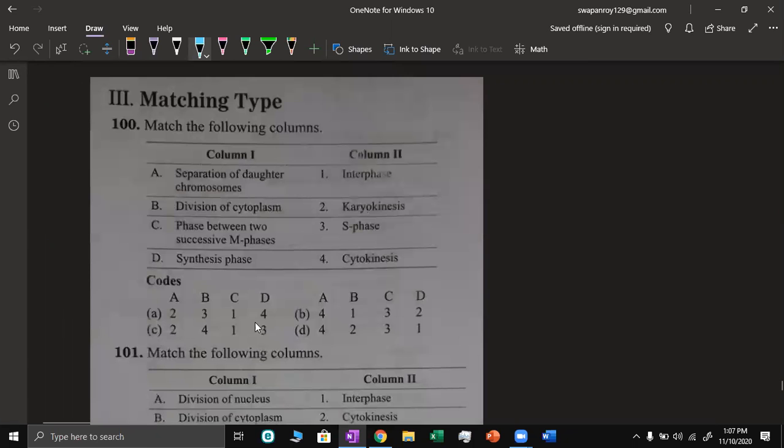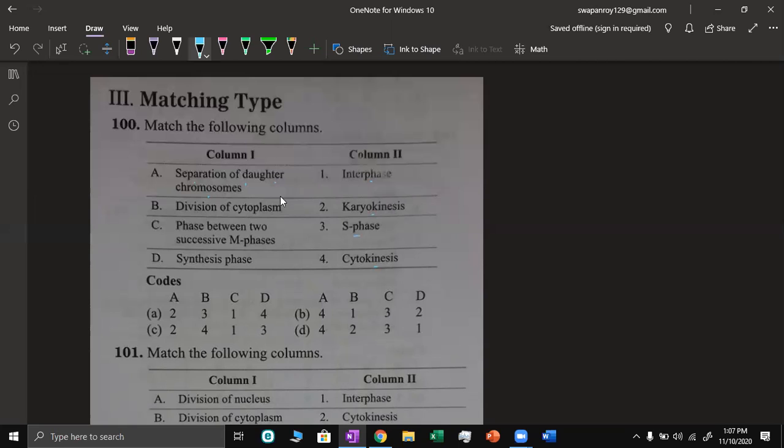Here one question, I think it is already time. These are the questions for matching. Here, matching type, match the columns. Column 1, separation of daughter chromosome takes place when? Options: interphase, karyokinesis, S phase, cytokinesis.